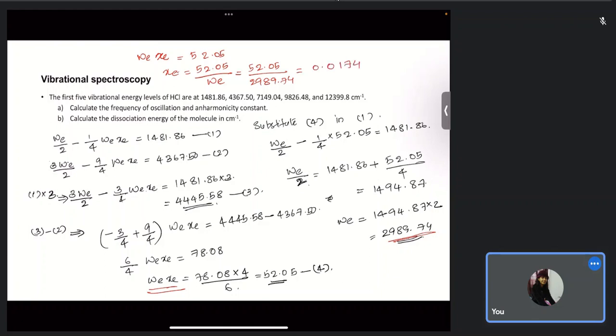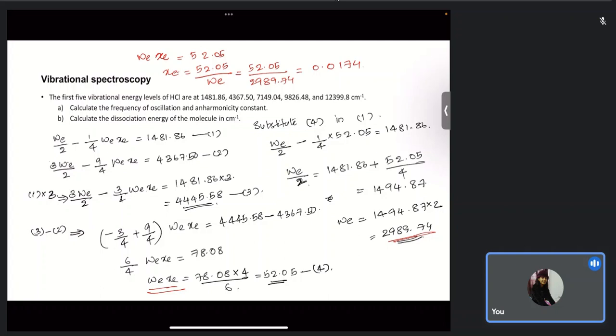So this is 0.0174. And the unit for xc, it doesn't have any particular unit as far as I know. You are free to correct me if I'm wrong. Yeah.